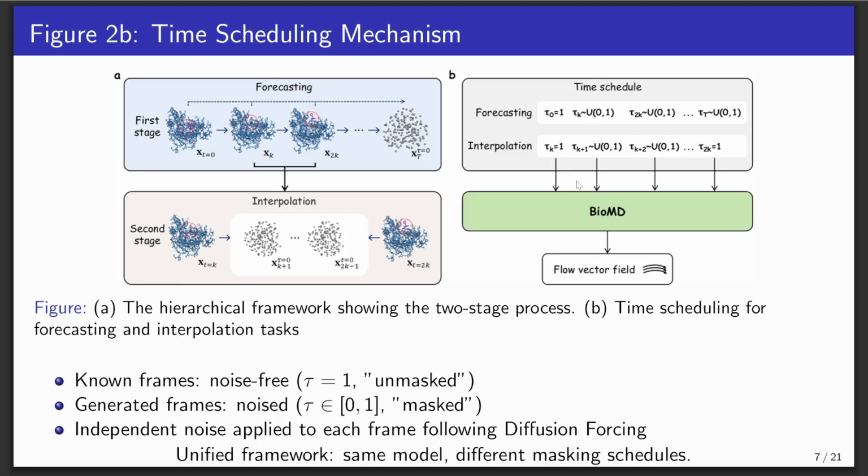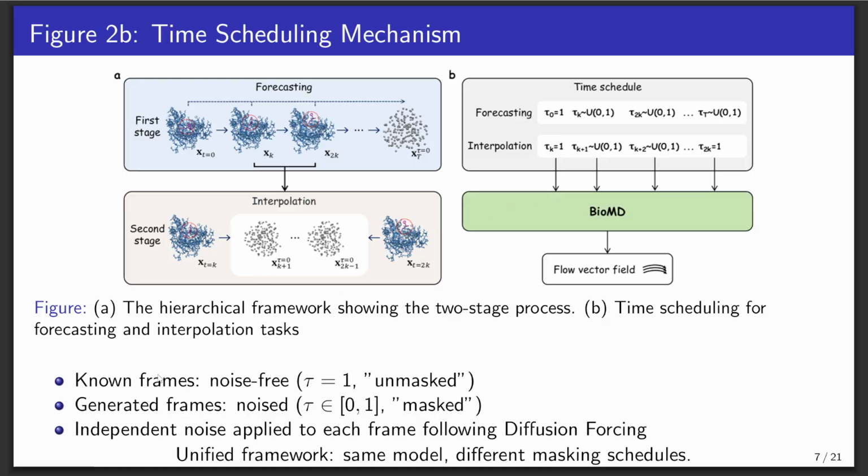In the right part, figure B is the time scheduling for the forecasting and interpolation tasks. In this figure, we can see there are two time axes. The first is t, which is the physical time of the simulation. The second so-called time is tau, which corresponds to the flow matching method, or it can be called the noise intensity, where tau equals 1 is the clear geometry and tau equals 0 is pure noise.